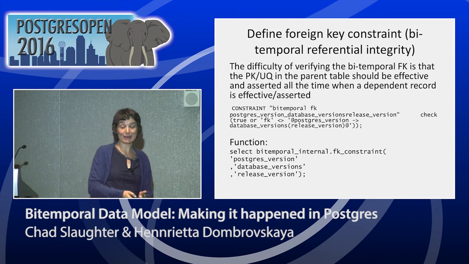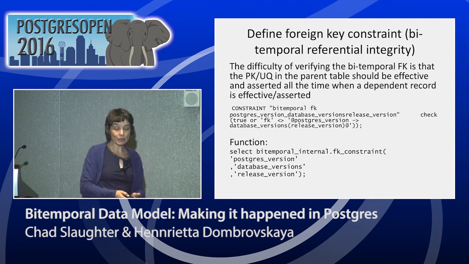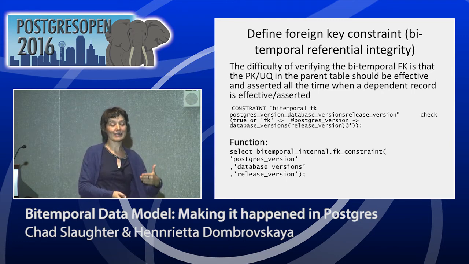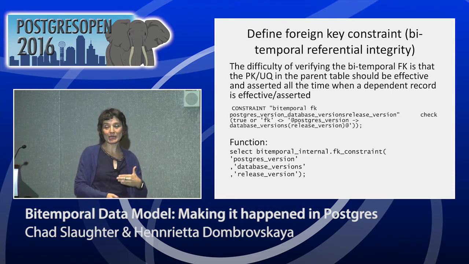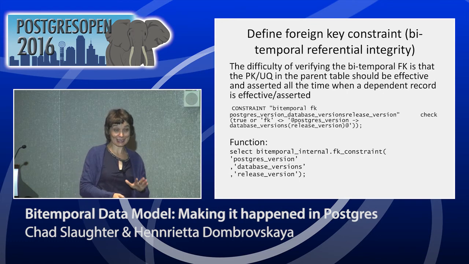Actually, it is a problem because when you define the bitemporal foreign key, you need to ensure that all the values in the referencing table are effective and asserted at the same time as the values in the record in which we define this foreign key. And that's not an easy task, let me tell you.